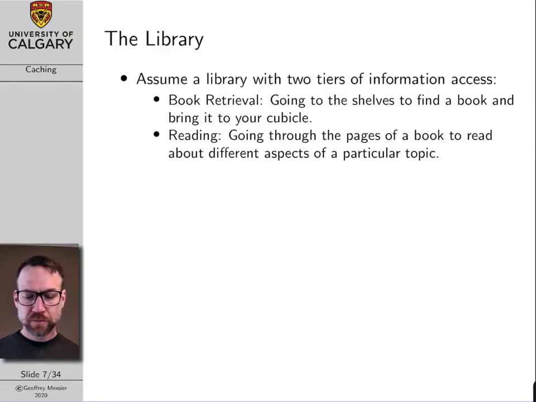And let's assume we have a library with two tiers of information access. When you go into the library, one thing you can do is retrieve a book from the shelf. That refers to going to the shelves, finding a book you're interested in, and then coming back to your cubicle. The second tier of information access is then just reading that book.